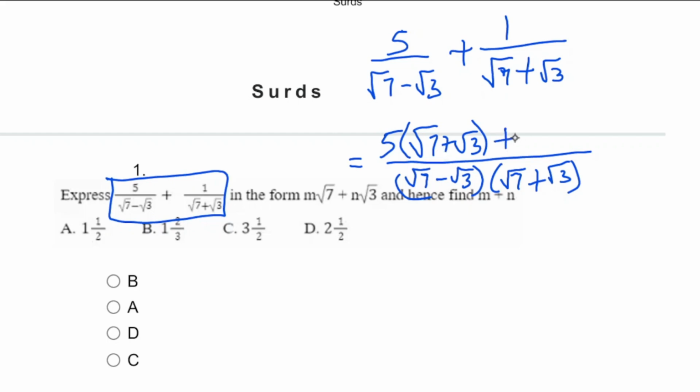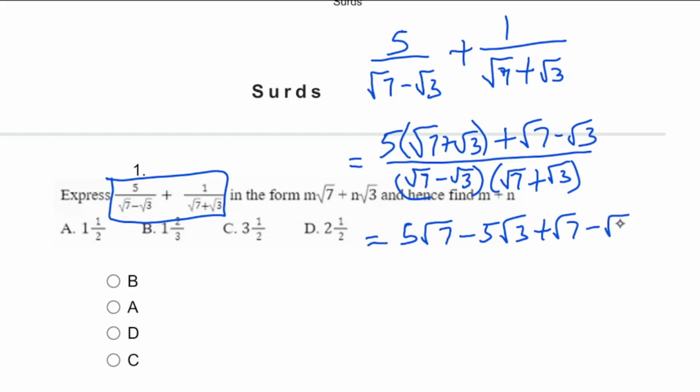Then plus, this will then be 1 times root 7 minus root 3. So from here we open the brackets. This is going to give us 5 root 7 plus 5 root 3 plus root 7 minus root 3, everything over, now you can see this one will be 7 minus 3, just from the concept you've learned.